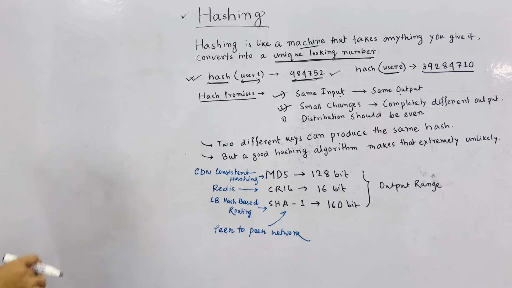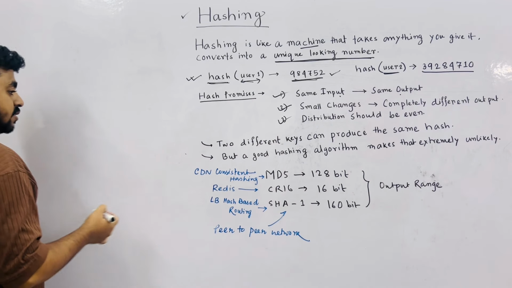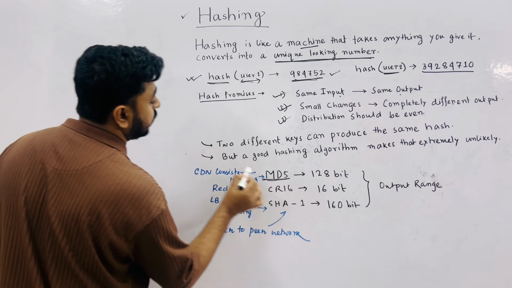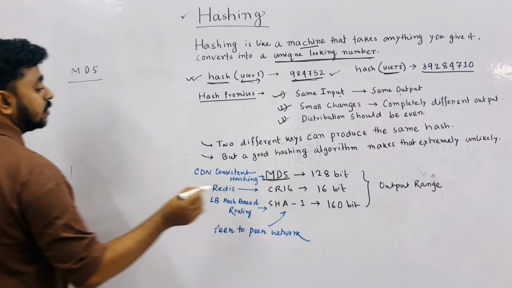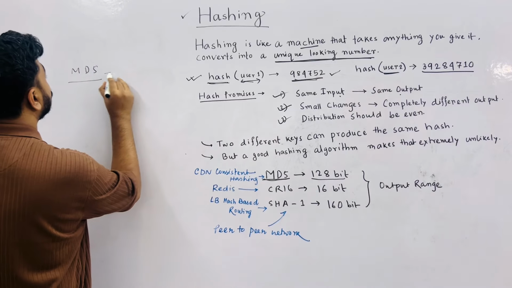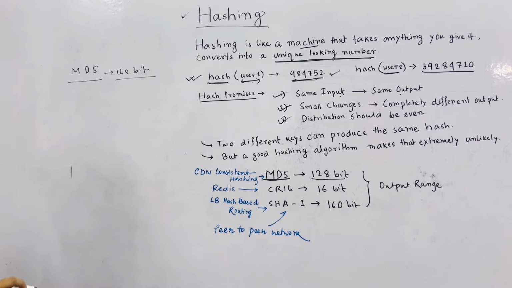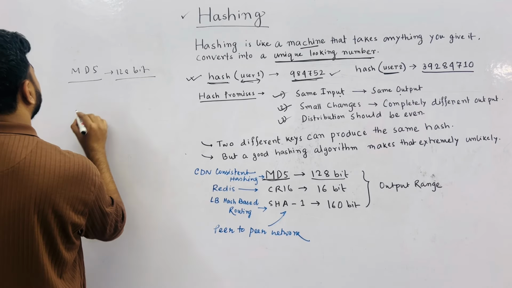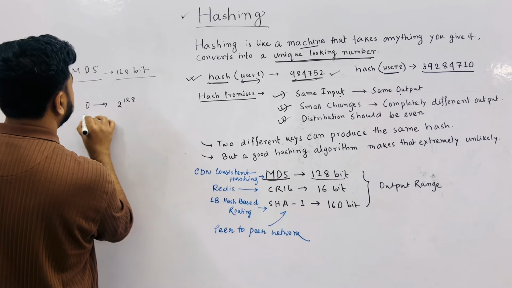Next, the distribution should be even. What does that mean? Suppose I am talking about MD5, a hashing algorithm that works with 128 bits. That means the number this algorithm generates will be from 0 to 2 to the power 128.